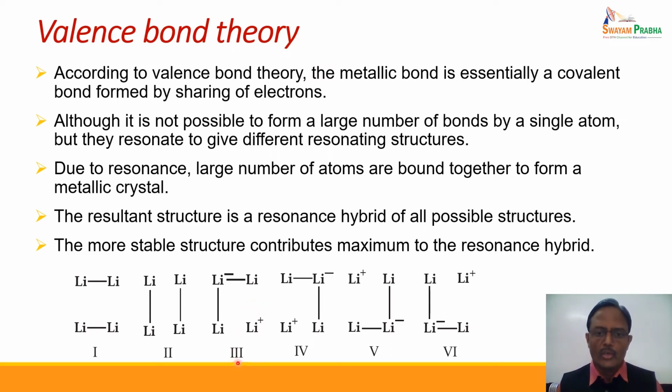So these four structures will contribute less, while these two structures will contribute more to the resonance hybrid. But because of such type of resonance phenomena, all the lithium atoms remain together in the form of a metallic bond. This is what valence bond theory suggests.